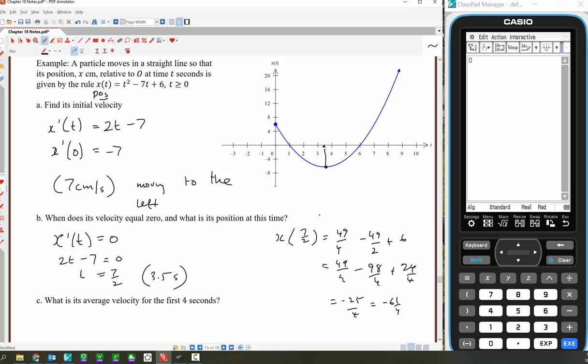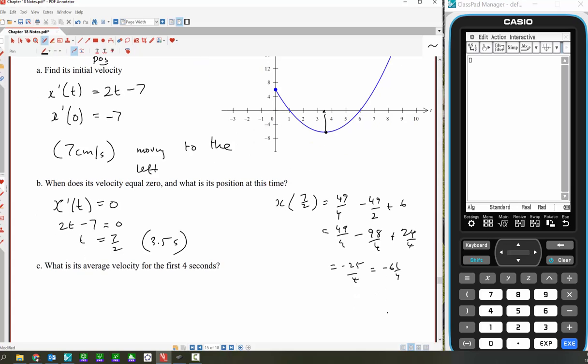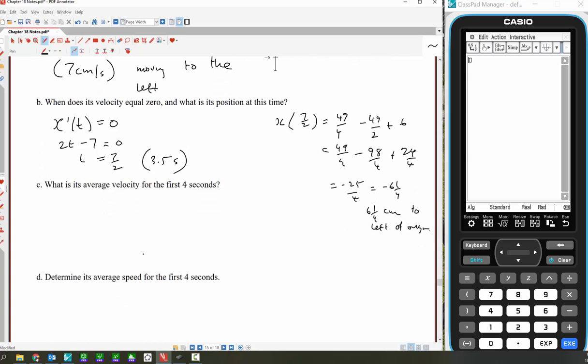That makes sense. So the position is 6 1/4 centimetres to the left of the origin. Now, how do I know it's to the left? Because it's negative.